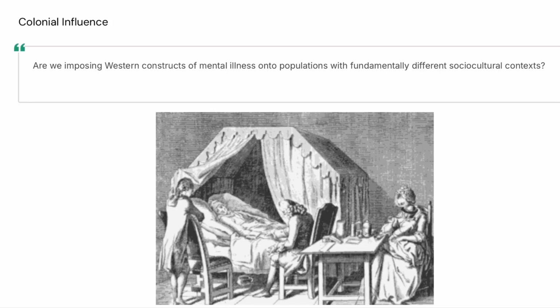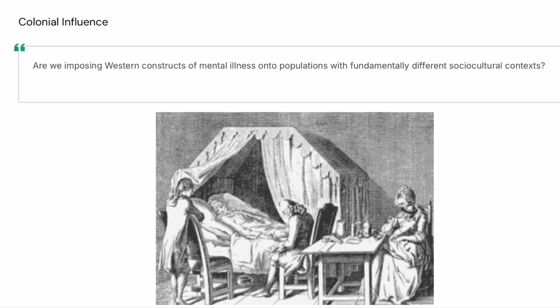Lastly, we need to consider the role of colonial influence in mental health. Western psychiatry has become the global standard through historical, academic, and healthcare systems. As a result, Western models of mental illness are often applied to populations with very different beliefs about food, body, and health. In some cultures, eating less may be associated with religion, moral discipline, and family expectations.